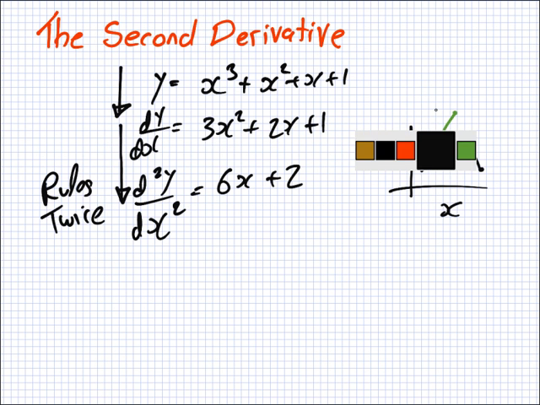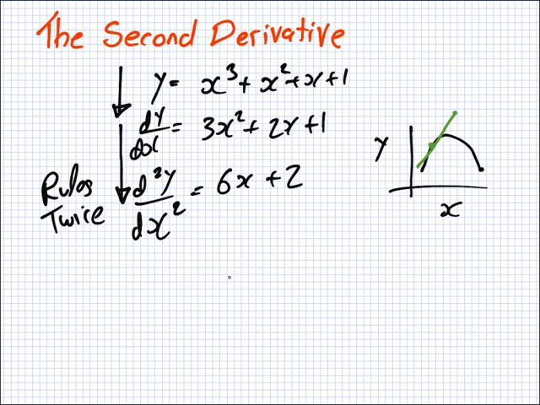But does anybody know what the second derivative represents? This is a case where, well, that's true, but what does that mean? What the second derivative tells us is what I would like to call the shape or the curvature, how curved the graph is.